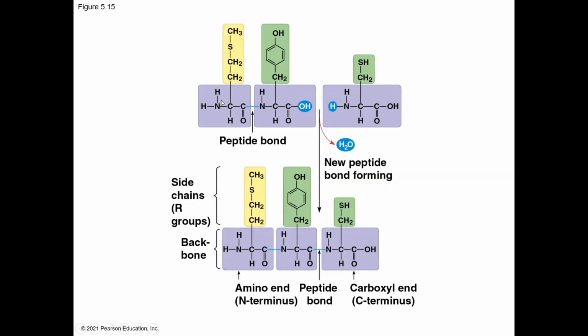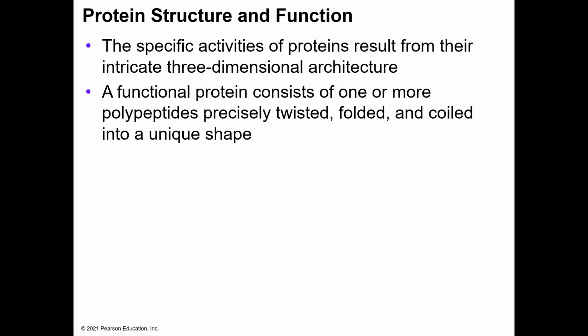So these are two amino acids that are bound together, and we want to bond another amino acid to this chain. So dehydration synthesis has to occur. Remember, dehydration synthesis is the loss of water, so it's becoming dehydrated. And so now you have a longer chain of amino acids here. So you have a longer polymer that exists.